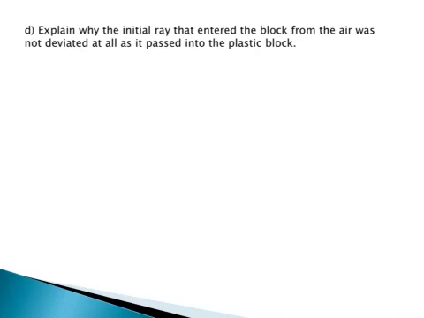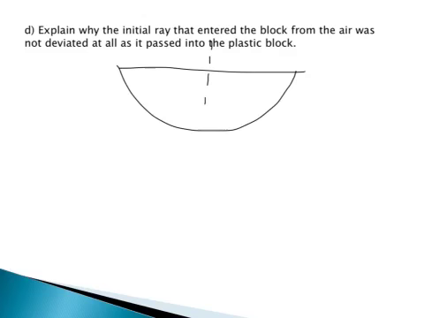Right, last question. Explain why the initial ray that entered the block from the air was not deviated at all as it passed into the plastic block. So we'll just quickly sketch the situation again. Now the initial ray entered from the left-hand side and along that path there.